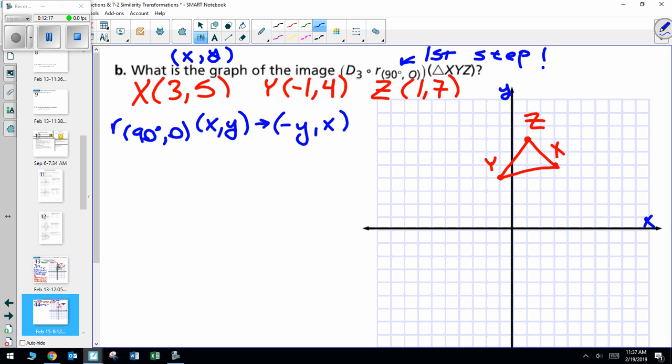And you'll notice at the end of the notes I put those rules back in there along with the composition of rigid motions notes. So those will be useful for doing the homework in this section if you want to turn back to those ones. So what I'm going to have is my x coordinate, my y, and my z.